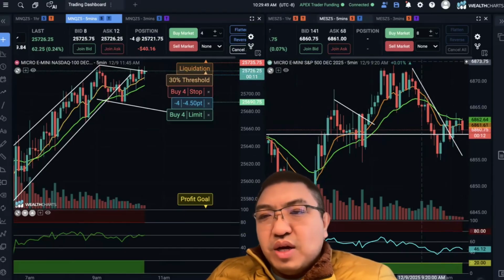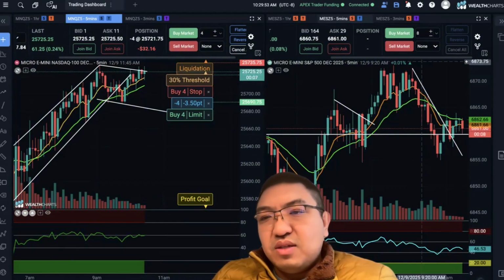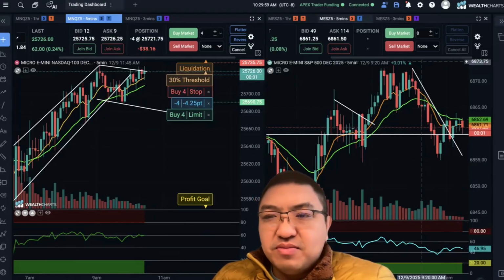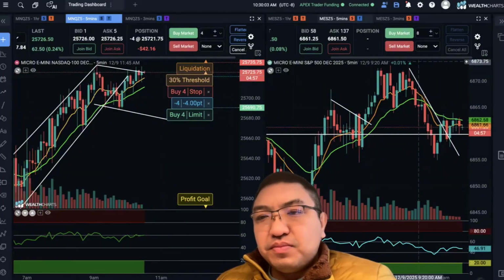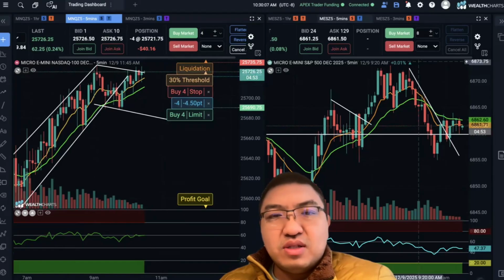Yes, trying to push up, push down. NQ is a green candle for this 5 minute. Let's see which one breaks out of the range first. Then you can decide the near-future direction.